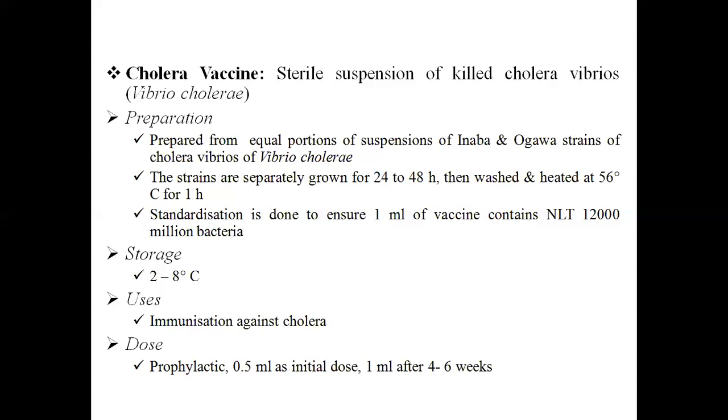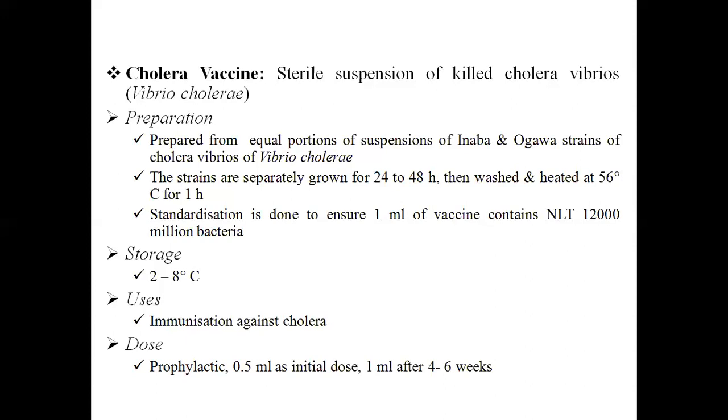All precautions must be taken to ensure that the antigenic property of the preparation is not destroyed. The preparation is then standardized so that 1 ml of vaccine contains not less than 12,000 million bacteria.